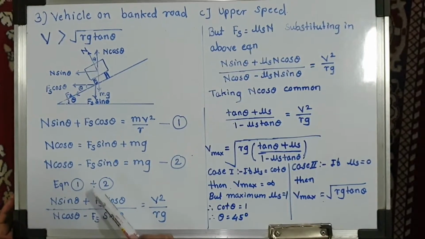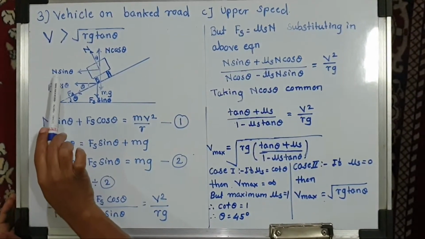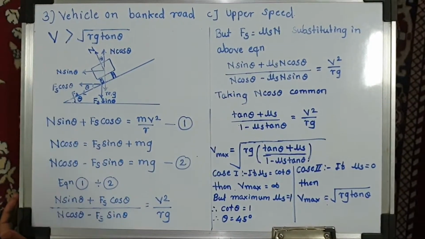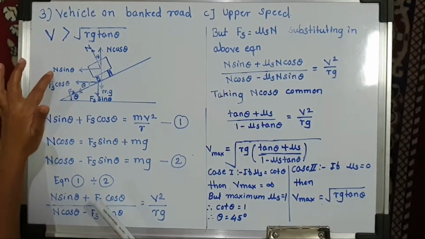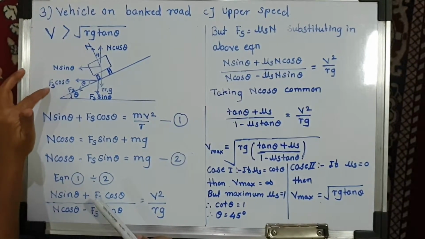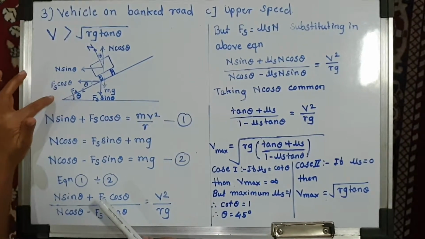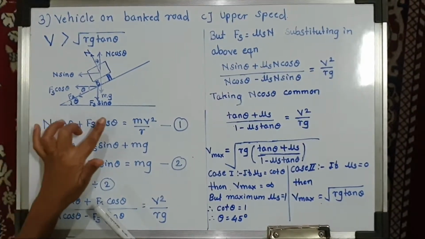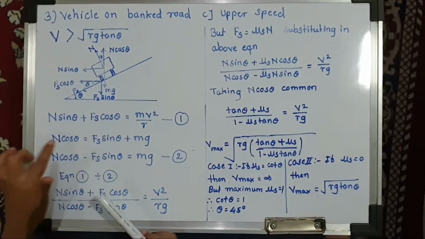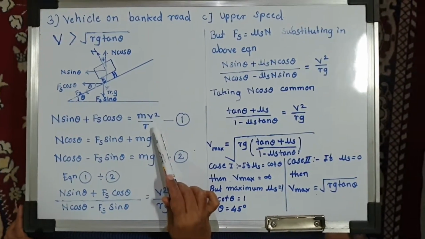Now, the total horizontal force is N sin theta plus fs cos theta. This total force is acting towards the center of the road, so this force is acting as a centripetal force.